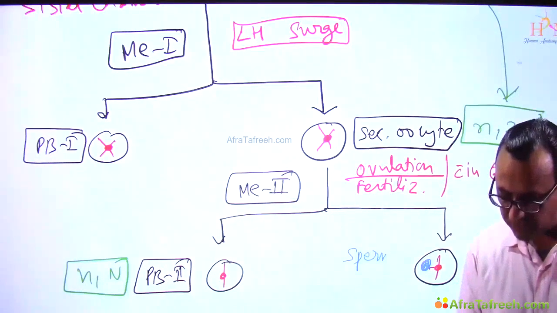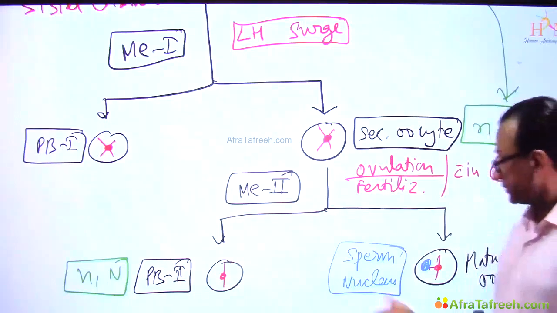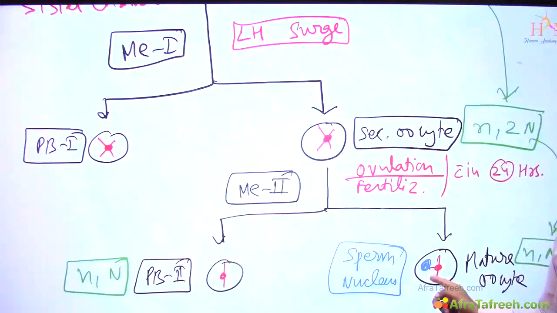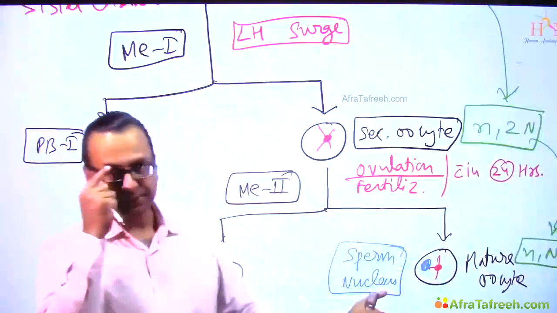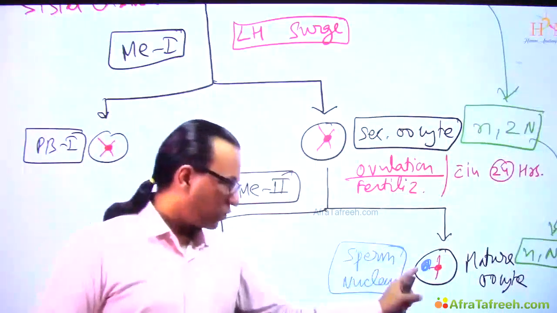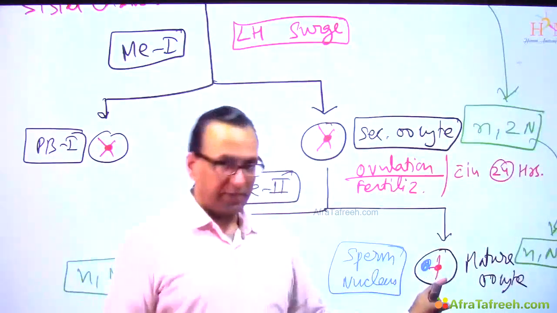Now if you say this is the sperm nucleus in the cytoplasm, what will happen when this sperm nucleus reaches the center? Then it will become zygote. So mature oocyte is actually a fertilized oocyte, and the nucleus is in the cytoplasm. Once it reaches the center, it becomes zygote.